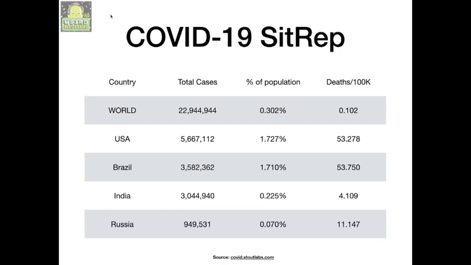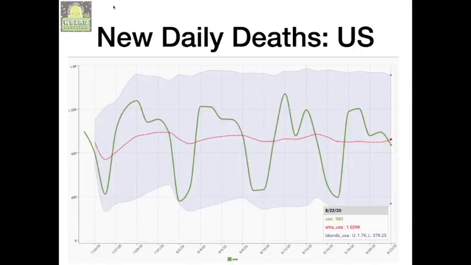Brazil coming in at number 2 at 3.5 million, and India at 3 million, and Russia coming in at 4th place at 949,000 patients. New daily deaths in the United States, it seems to have leveled off significantly. We'd like to see that start to decline, of course.